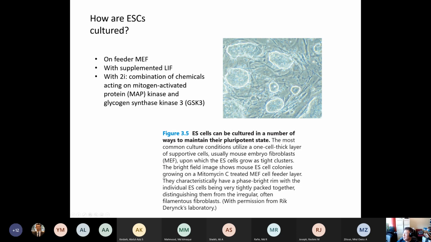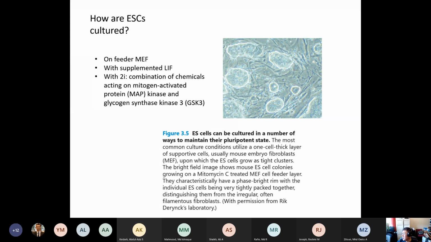You see a very clear edge of the cell mass. It's a lot of cells there, right? It's not one cell. You have a very clean edge. The cells feel raised, like a dome. It's not very flat, right? Kind of a raised colony in there.